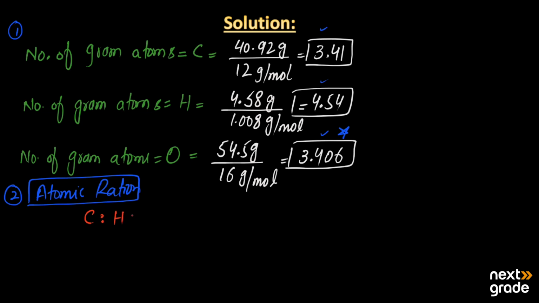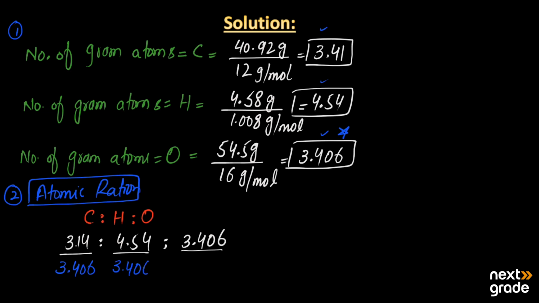So we will divide to find the ratio for carbon, hydrogen and oxygen. The gram atoms of carbon are 3.41, of hydrogen 4.54, and of oxygen 3.406. The smallest number in the ratio is 3.406, so we will divide all of them by 3.406.